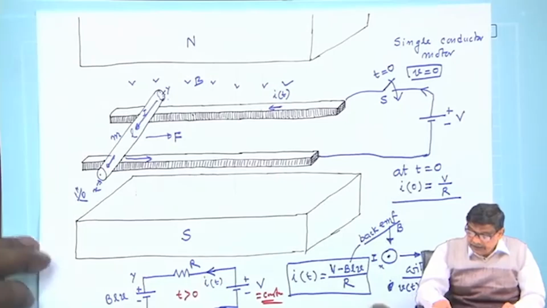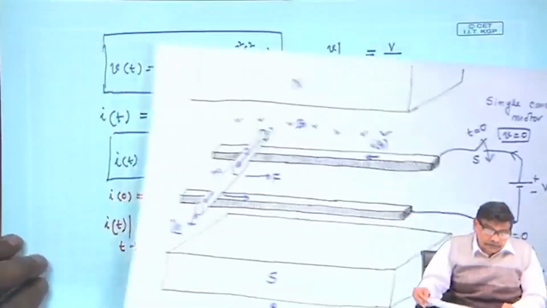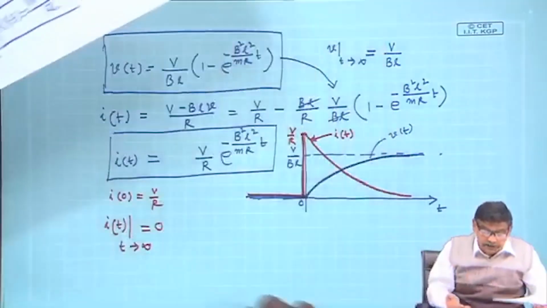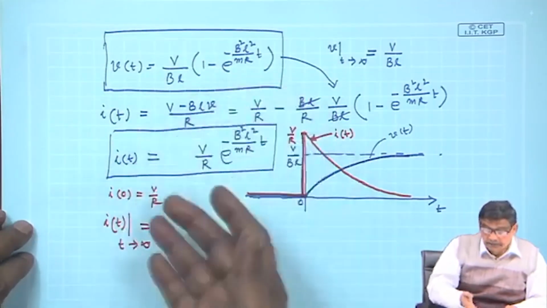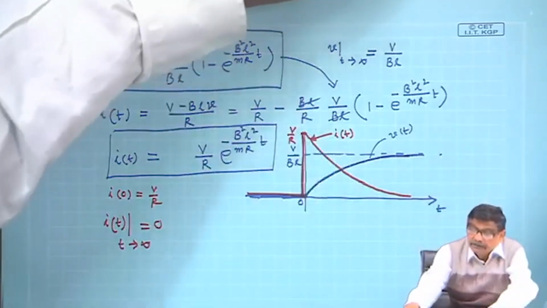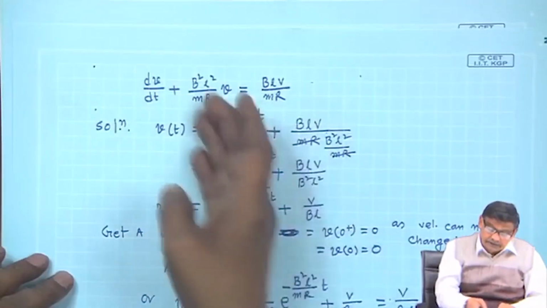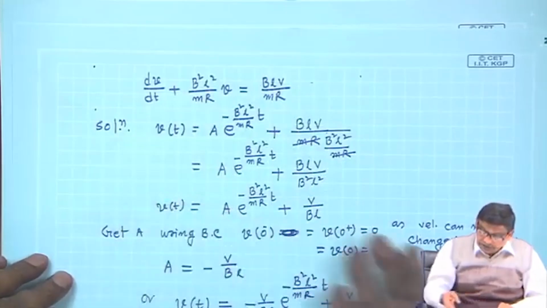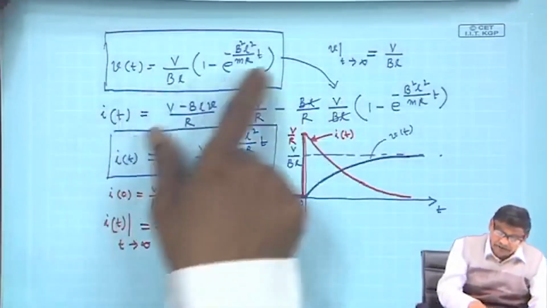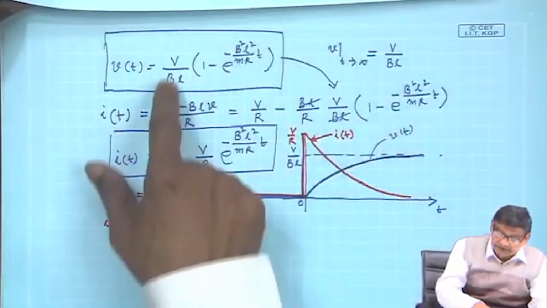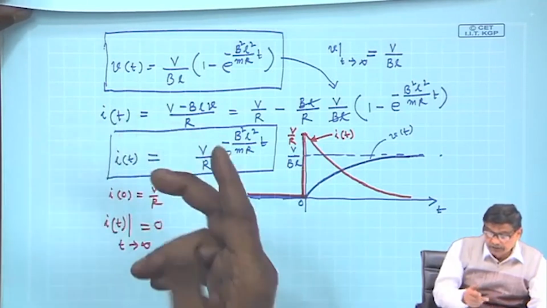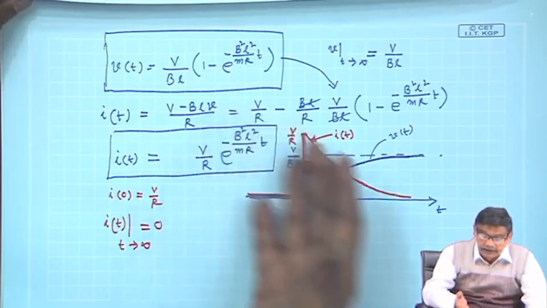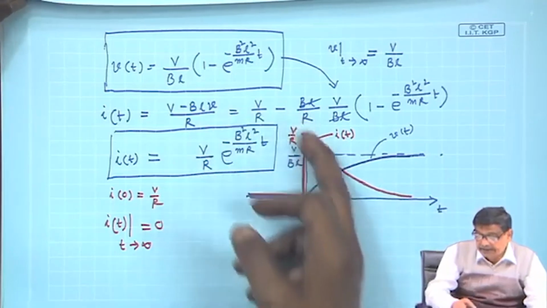Now, the question is what are the equations, following which equations velocity and current will behave. So, to do that we have found out this dynamic equation, first order differential equation, from that I found out the value of velocity, which is like this, and also I found out the current, because there are two unknowns V(t) and I(t), and then I sketch them.